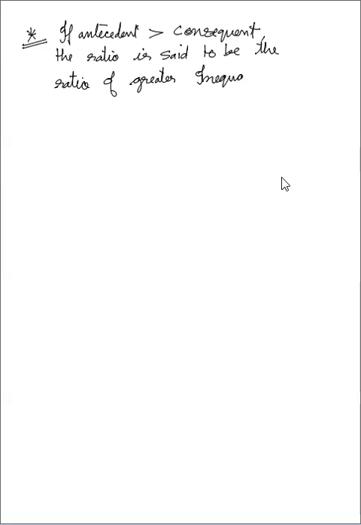If antecedent is greater than consequent, then the ratio is said to be the ratio of greater inequality. Okay, so this you have to remember.